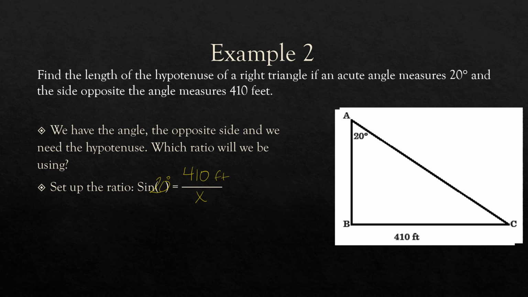Remember last time I said that I like to set everything up as x equals and then put it in my calculator. So right now I have sine of 20 is 410 feet over x. Now if I rearrange this and I multiply both sides by x, now I have x sine of 20 equals 410.